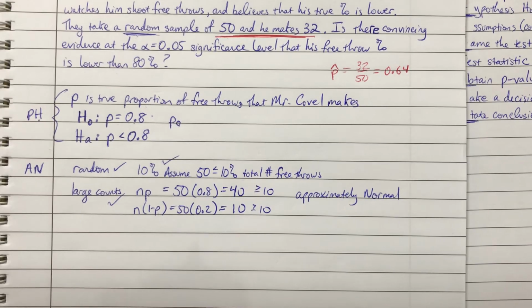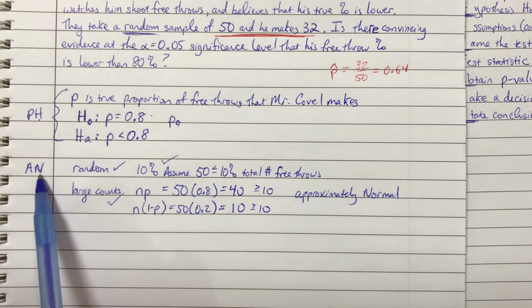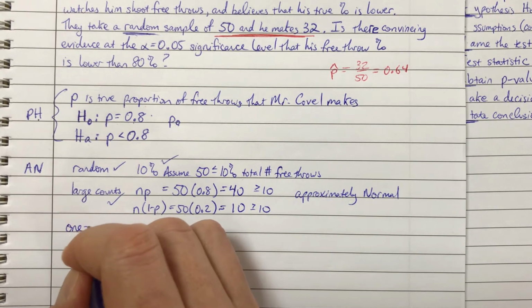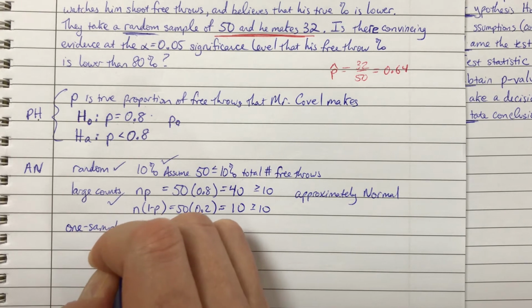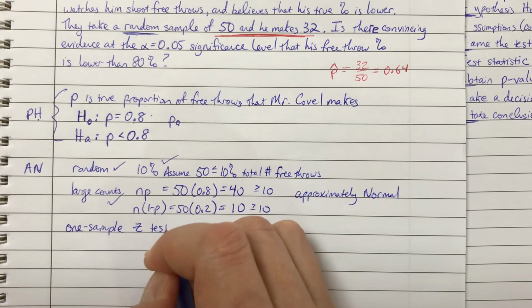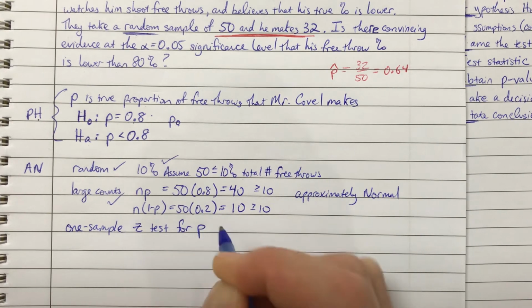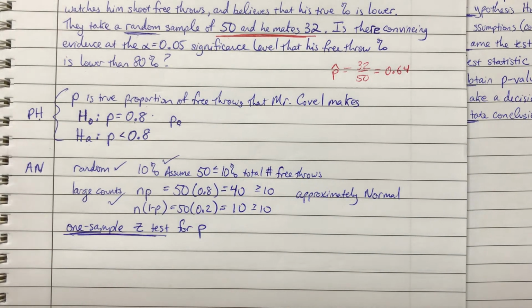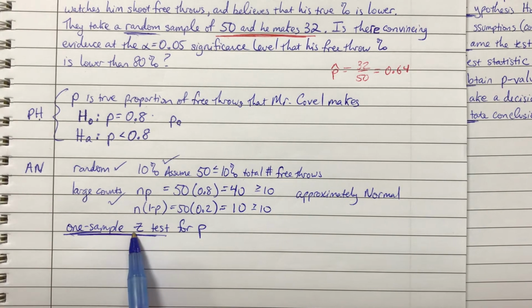Okay? Now, these are the assumptions. The name of the test: we are doing what is called a one-sample z-test. One-sample z-test for the proportion p. Now, when we start talking about means, this could be a one-sample t-test for that.